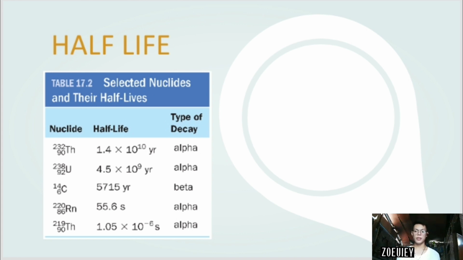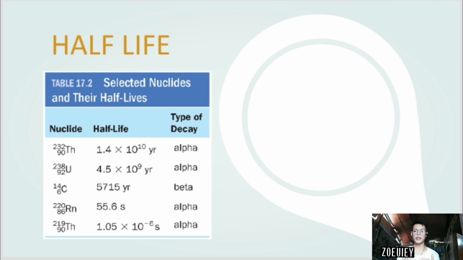Now, to determine the types of decay, we just have to remember that alpha particles, with a charge of 2 and mass of 4 amu, interact strongly with matter but penetrate the least. They are stopped by several sheets of paper, while beta particles, with less mass and a lower charge than alpha particles, interact less strongly with matter.